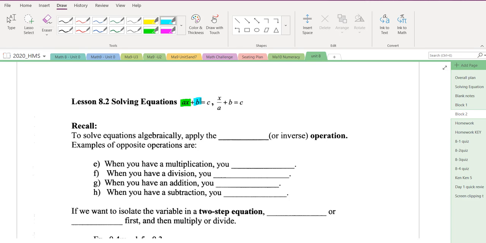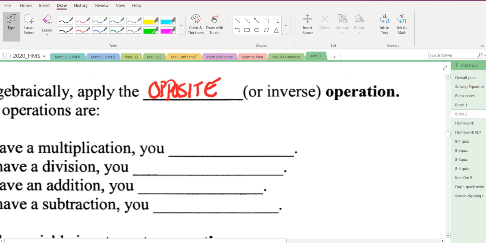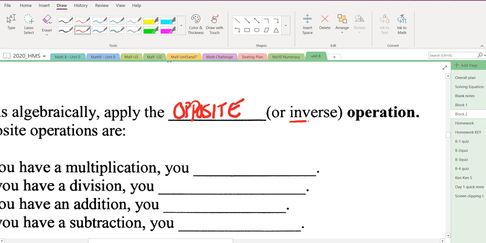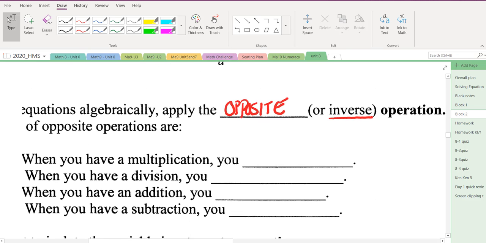So in general, to solve equations, we always apply the opposite operation. Another way of saying opposite is inverse mathematically. We talked about it yesterday.